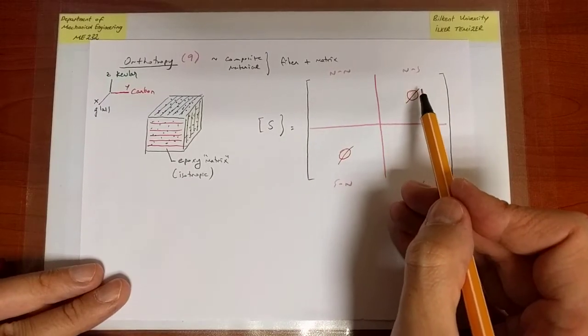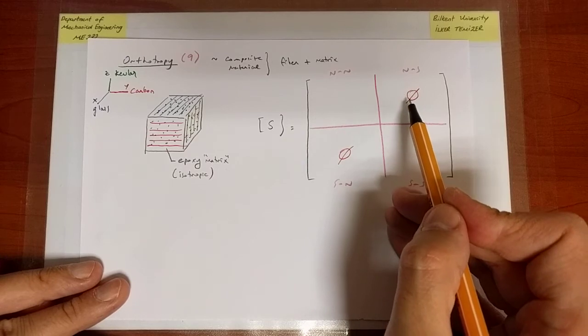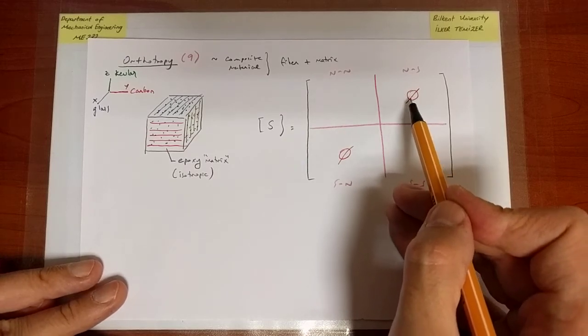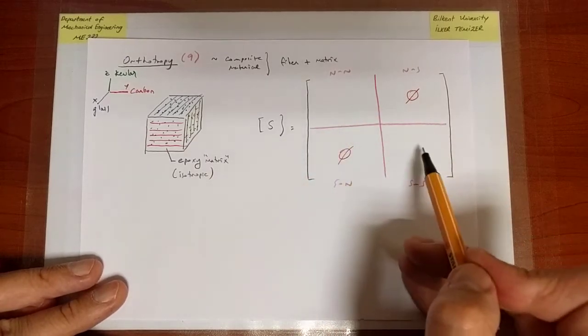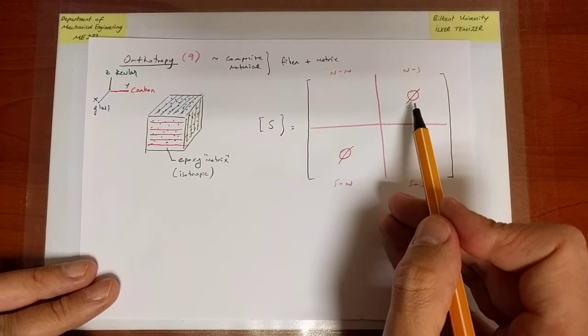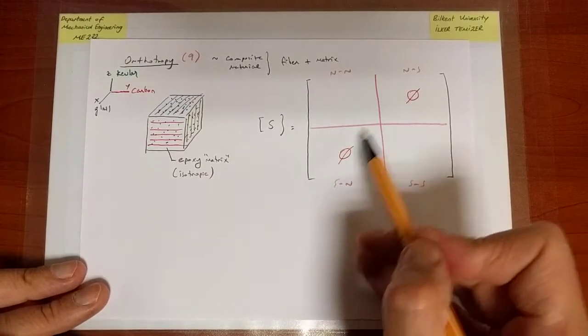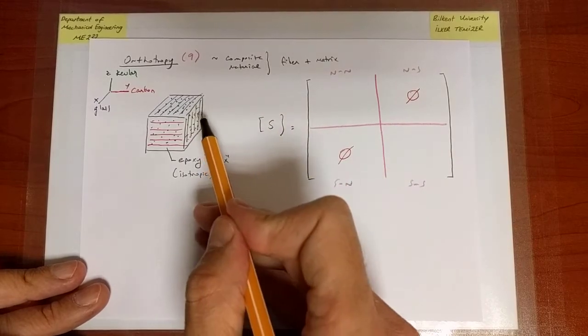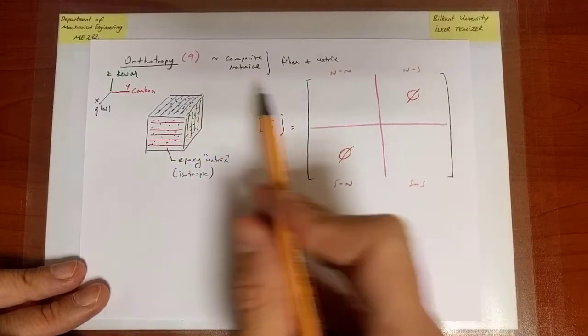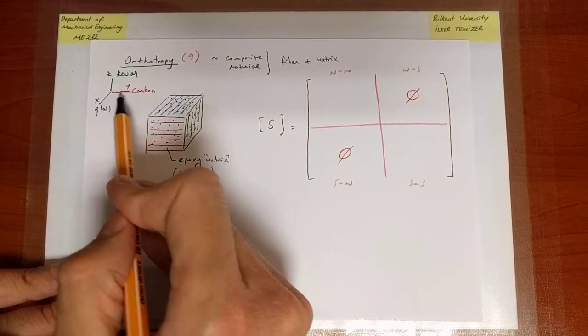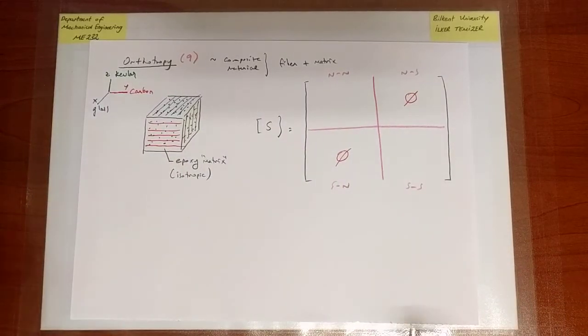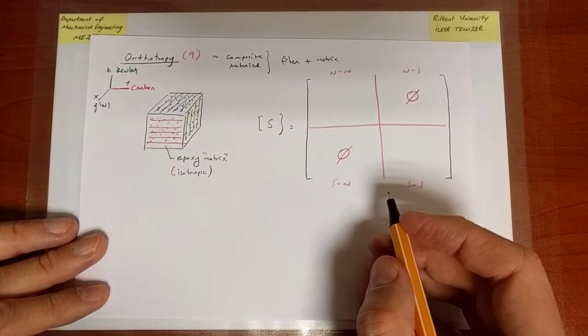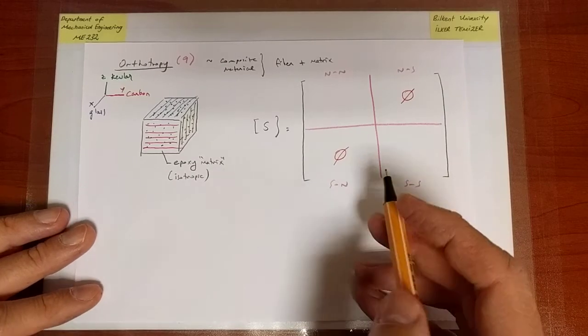So having non-zero terms here does not imply that the material is isotropic. Certainly doesn't. I have to check many other things. In particular, it doesn't mean that the material does not display normal shear coupling. It just says that for these coordinate directions that I've chosen, there is no normal shear coupling. It will become more clear when I give you an example in the future.